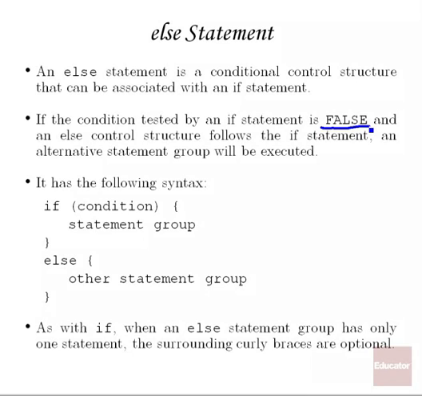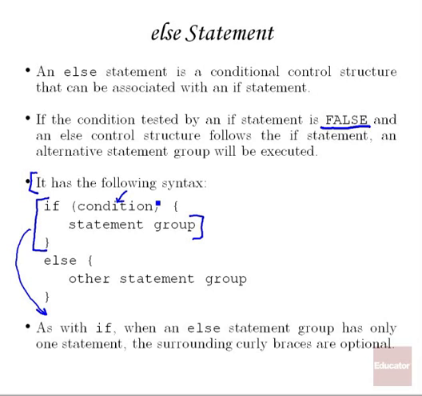And so, for example, the if-else combination has the following syntax, where you have your if statement, as we had just described. It tests a condition. If the condition is true, it evaluates this statement group, and then it would actually proceed to the end of the code, or to the next line in the code.